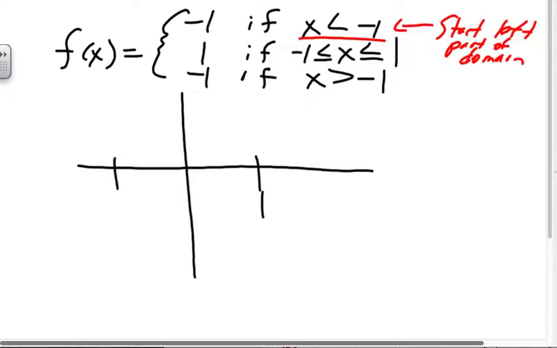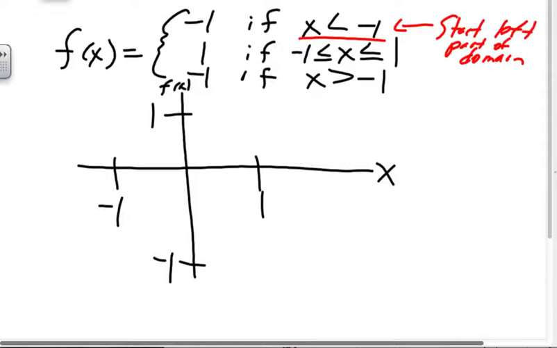-1. I'm labeling it. You better label yours. Notice my f of x then is going to go between 1 and -1. Do not assume I know just because you have one hash mark that it's 1. Label the thing. Okay. So now let's come and look at this guy.